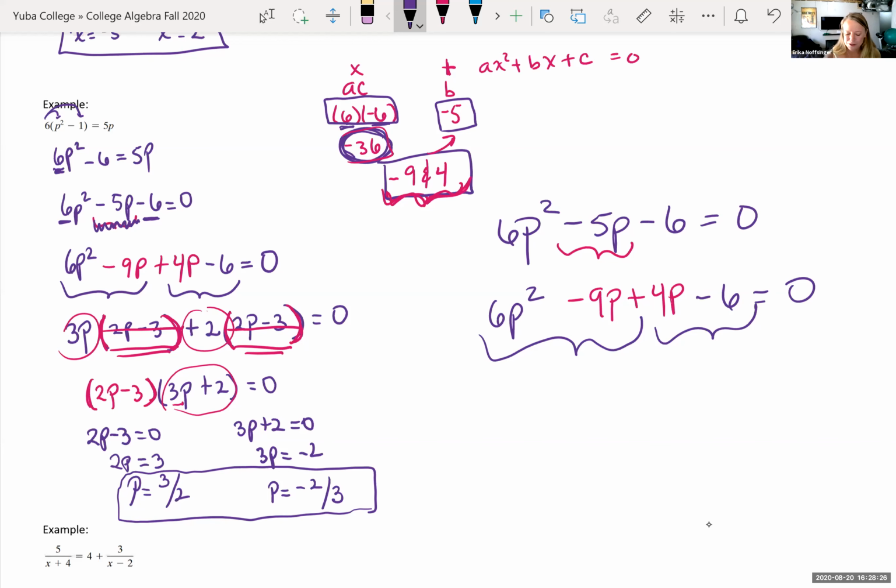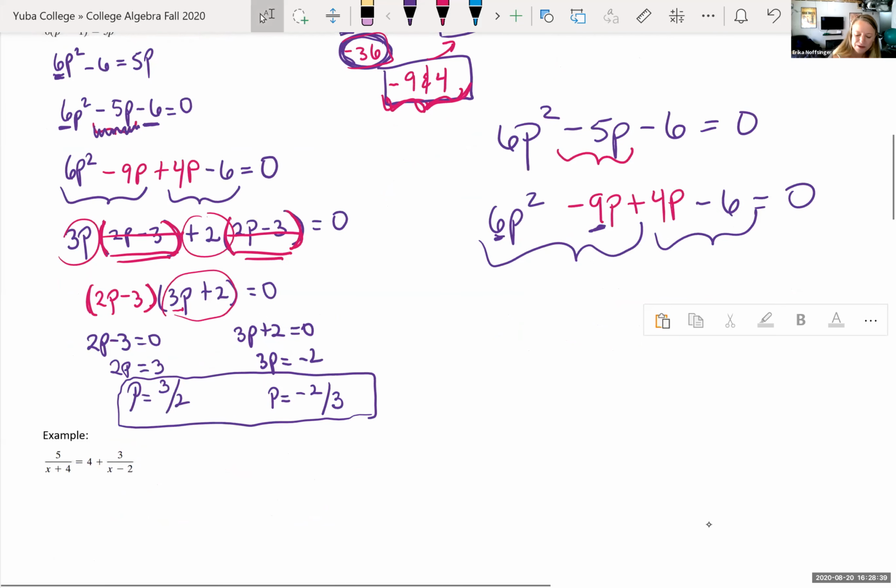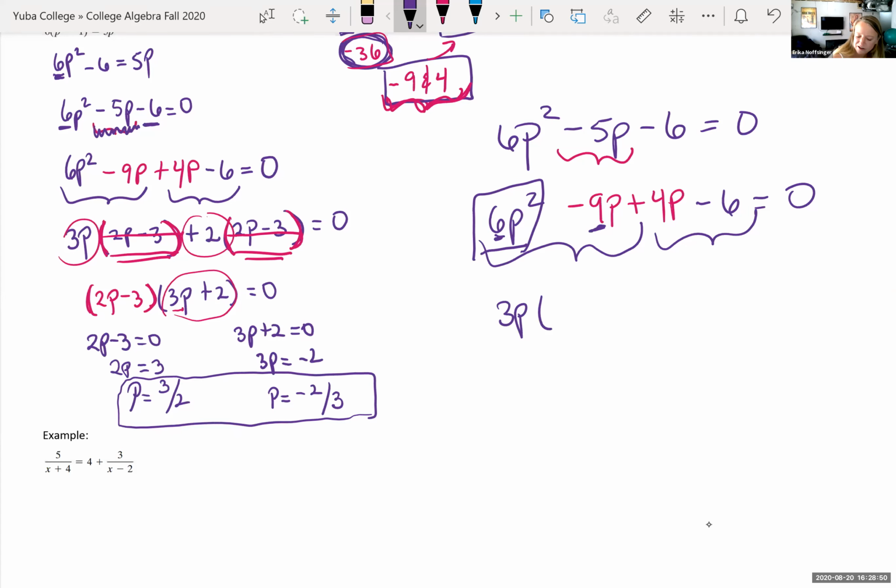Grouping the first two terms together, you want to notice what they have in common. Look at the first coefficients, 6 and negative 9, and those both have 3 in common. And p squared and p just have a single p in common. So if you pull out 3p from this value, think of what you're left with.